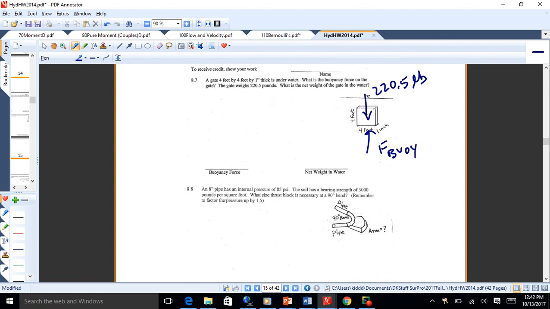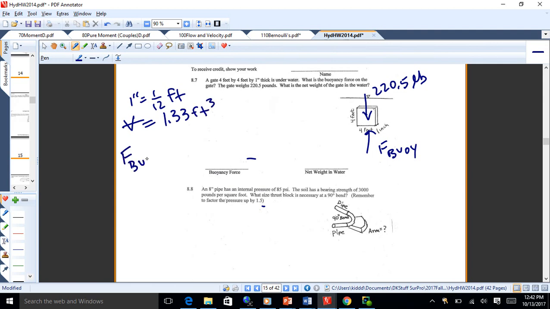Now the gate is 1 inch thick. That's 1/12 of a foot, right? So you want to find the volume of that gate. Okay. And when you do that, you should get 1.33 cubic feet.